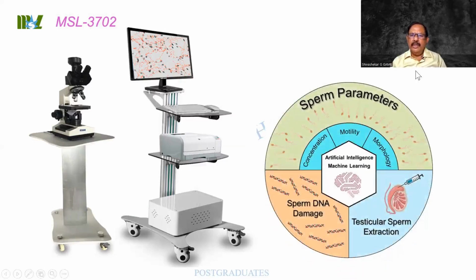There are certain parameters that you will have to see in the sperm. And this is one story of artificial intelligence. So the machine, what does it do? The concentration, motility, morphology, any of the DNA damage is also being studied, and also the method of sperm extraction. Everything is being given over here.